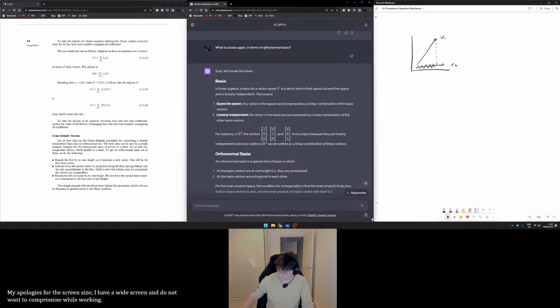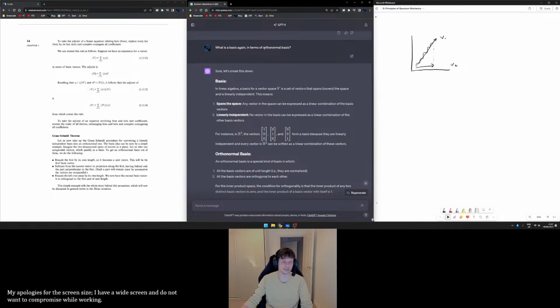So we have to imagine that this is smaller. And so this will be the projection on the first. And so this gets scribbled out. Rescale the first by its own length, so it becomes a unit vector. This will be the first basis vector.